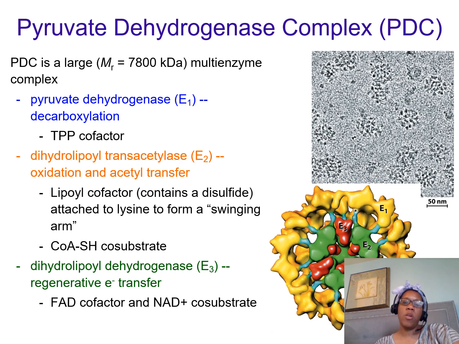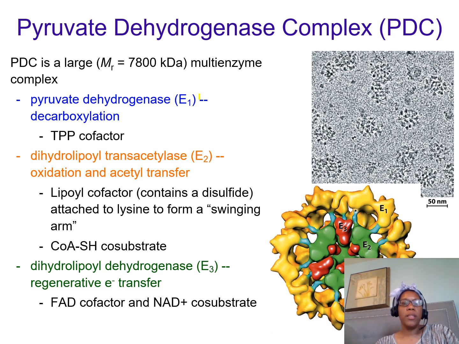So here's just a cartoon picture of this complex, the 3 different enzymes, E1, E2, and E3, and it's just copied, tens or hundreds of times depending on what organism it is. So what you should know, there are 3 enzymes. We just call them E1, E2, and E3, and each of these contains some of the cofactors or some of the coenzymes.